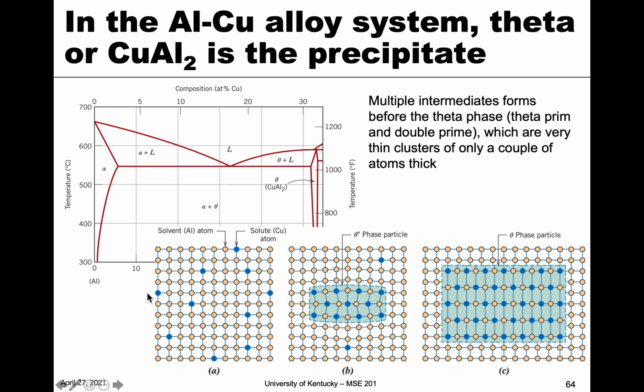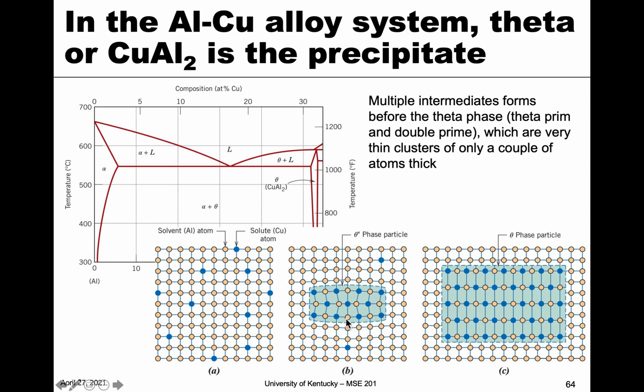So this shows what this looks like when we're in the pure alpha region, right? So we have aluminum, and then we have a small amount of copper, and it's all distributed evenly and randomly throughout the lattice. So it's a solid solution. When we start to form particles, those copper atoms tend to migrate to a central location and form an intermediate phase.